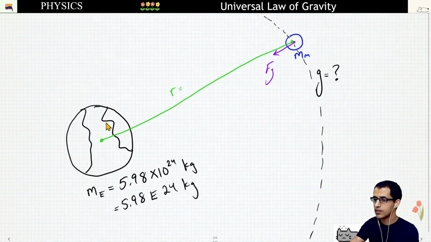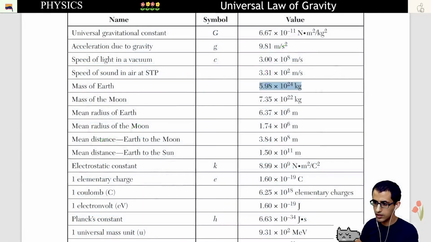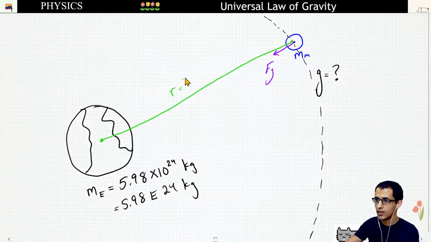The distance from the Earth to the moon is also on the reference table, and that is the average, the mean distance from Earth to moon: 3.84 times 10 to the 8 meters.